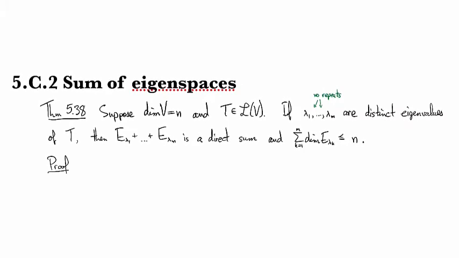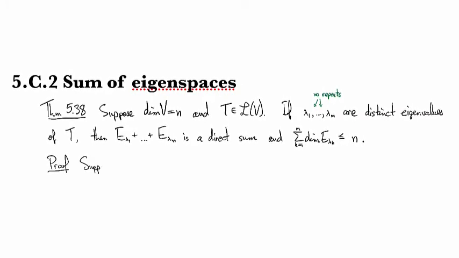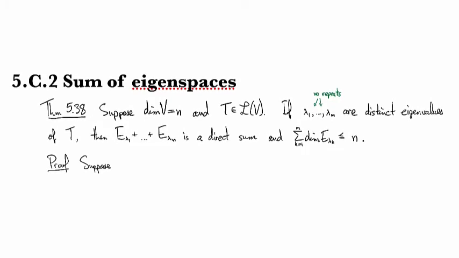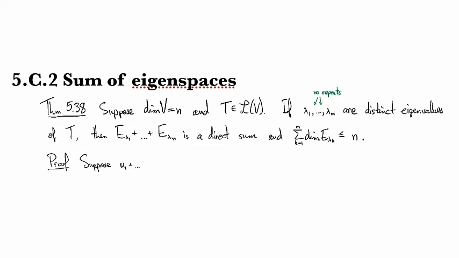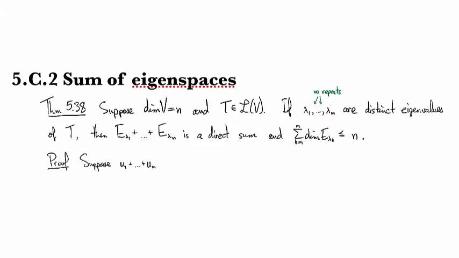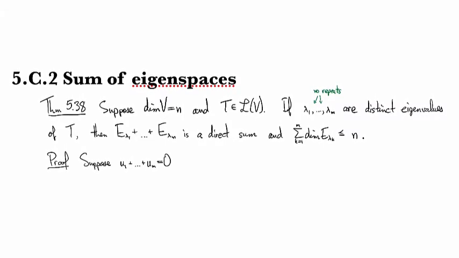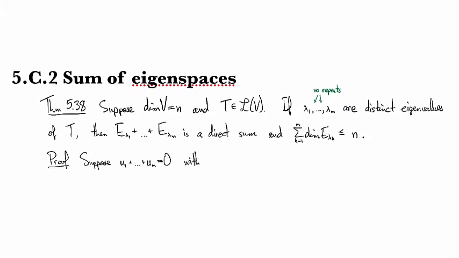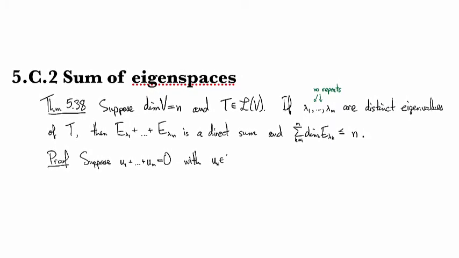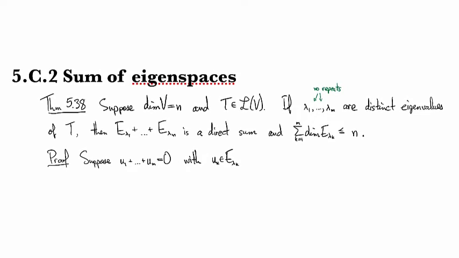Okay, so for the proof of this result, to see that it's direct, suppose that we have u1 plus up through um adding up to 0 with uk in E_λk.